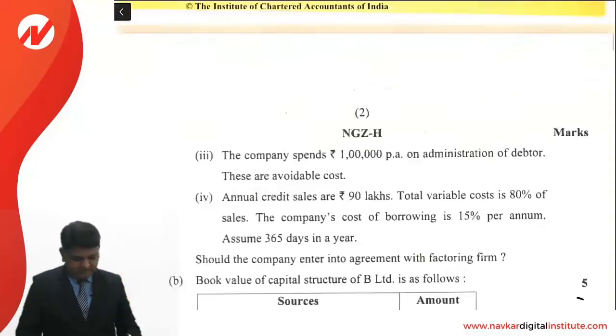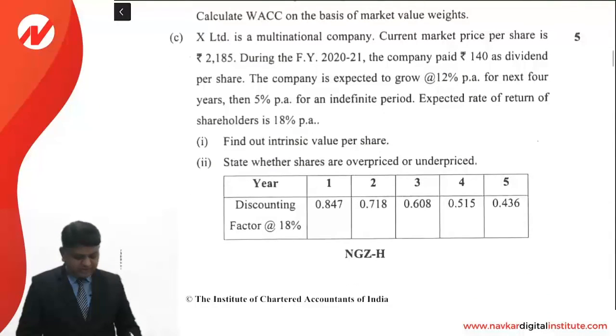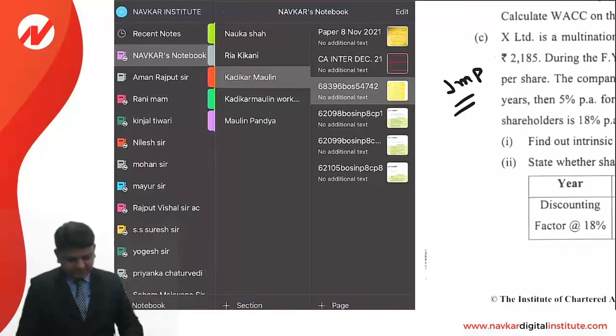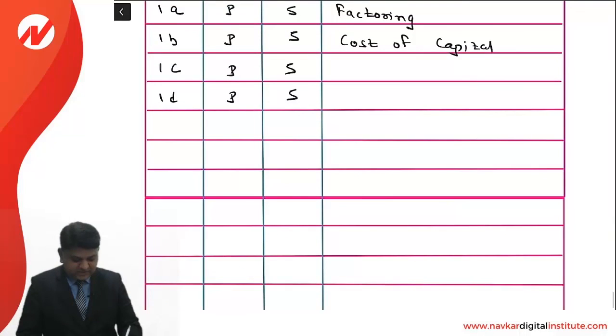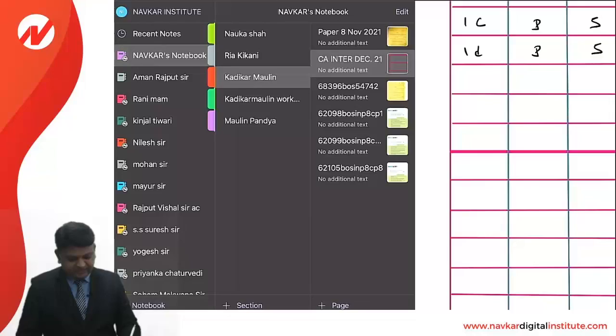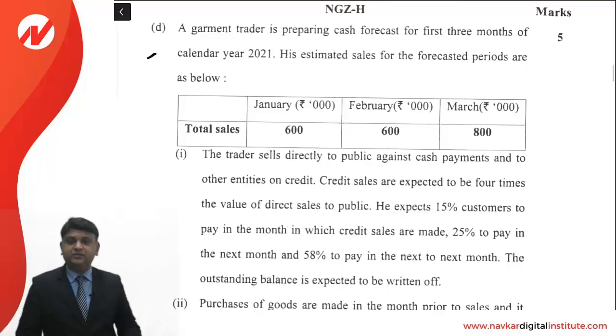Question number 1B is from the chapter of cost of capital. 1C, which I found to be really an excellent question, is from the chapter of dividend policy. 1D is from the chapter of cash management.